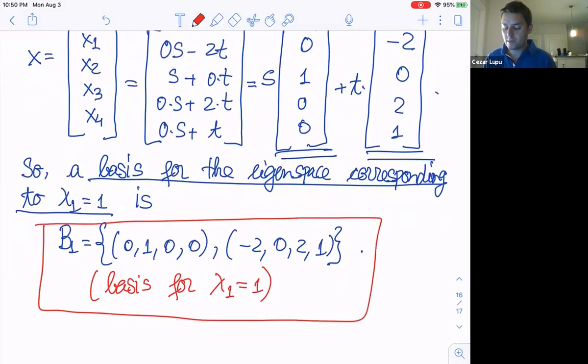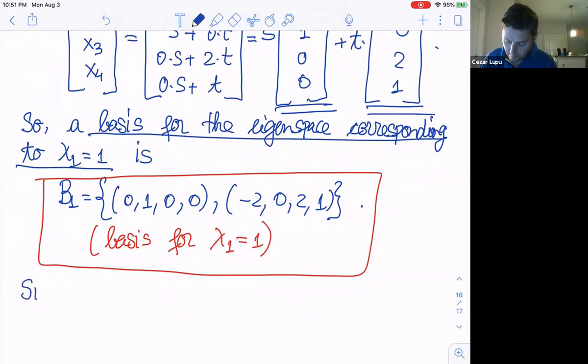And now we have to do the same thing basically for the other eigenvalues. And I already did this, since I don't want to lose too much time with it, I'll just tell you directly, and I'll leave it to you as an exercise.